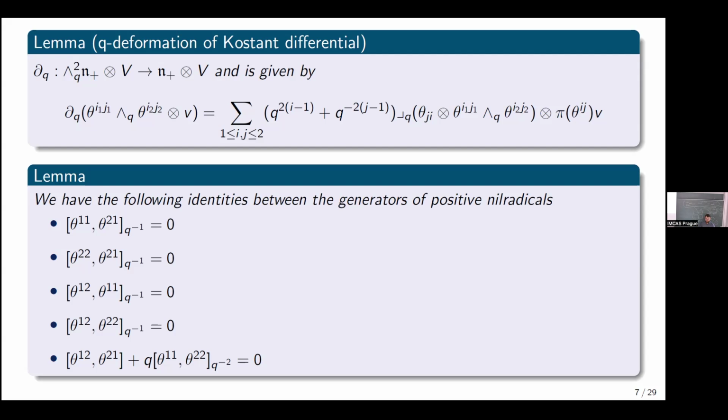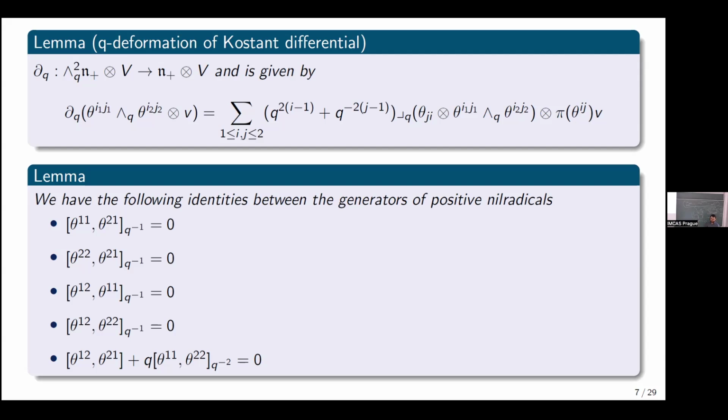And the most interesting part, I think, in this case is the commutation between these generators, because at some point it's very helpful to have this relation between the generators of this positive nilradical. And you can see in the last part, it's very interesting for the case of Grassmannians, because it talks about the diagonal and anti-diagonal part.